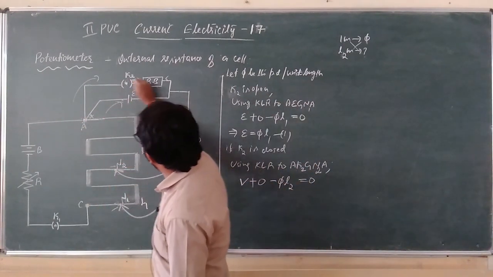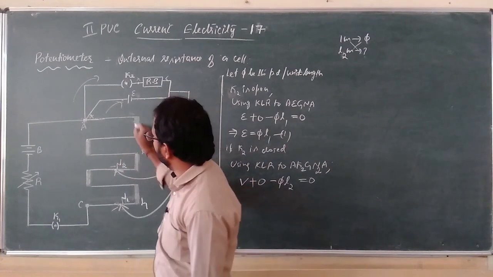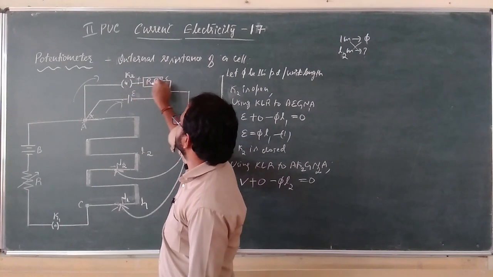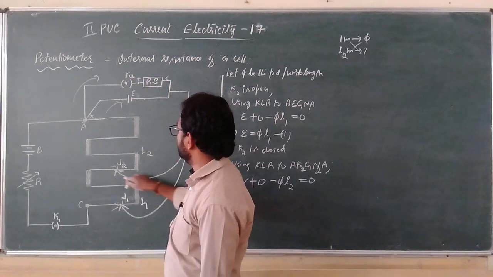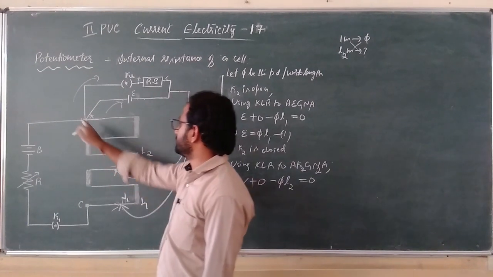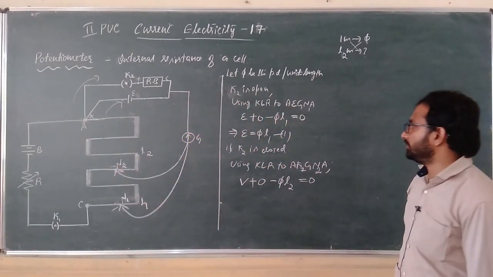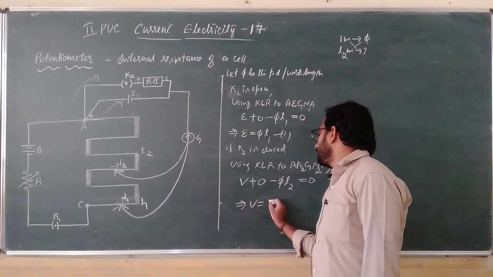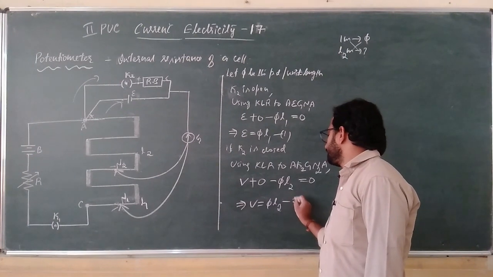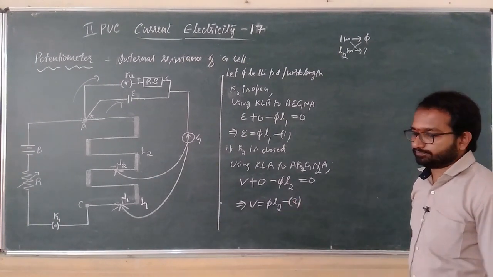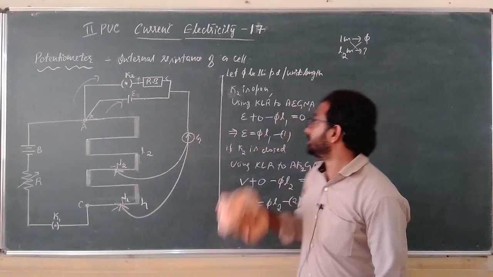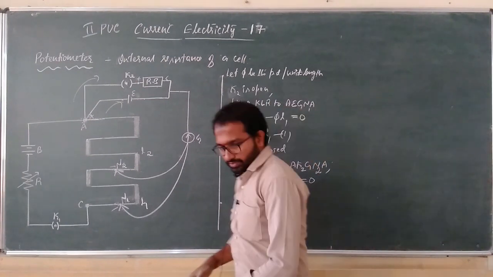Use KVL for this loop: potential difference is V, no current, from here to here it is minus phi into L2, equal to 0. So V is equal to phi into L2. Now divide equation 1 by equation 2.